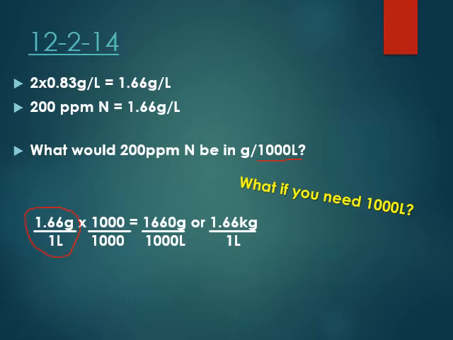We're going to multiply the top by 1,000, so it's going to be 1,660 grams. And we're going to multiply the bottom, which turns into 1,000 liters. Then we know exactly how much we're adding in 1,000 liters: 1,660 grams, which is the same as 1.66 kilograms. That should actually be per 1,000 liters down there, but whatever.